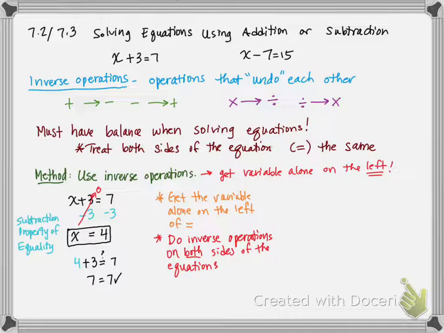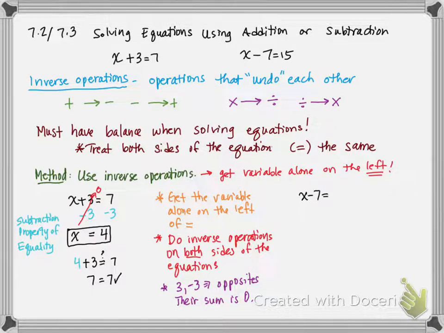And when I do inverse operations, I will get these kinds of numbers, which are called opposites, and their sum is 0. That's always true.